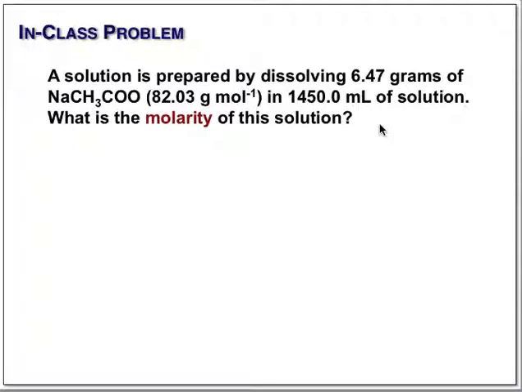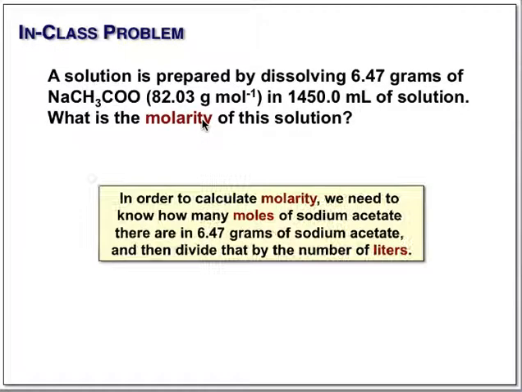If we dissolve 6.47 grams of sodium acetate in 1450 mils of solution, what molarity would this solution be? Once again, we're going to calculate our molarity as mass divided by molar mass. Then we're going to divide that by our volume.